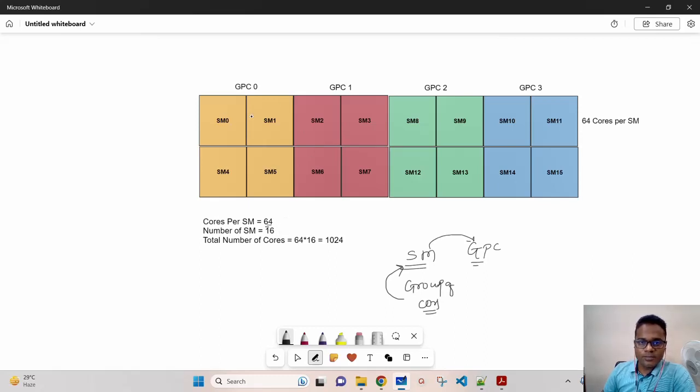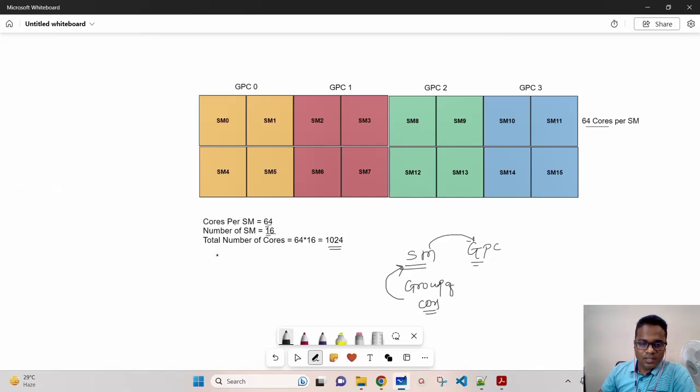That means every streaming multiprocessor depicted here has 64 cores, and we have 16 streaming multiprocessors, and hence in total we get 1024 cores on this particular GPU. So this is how the cores are organized on the GPU.